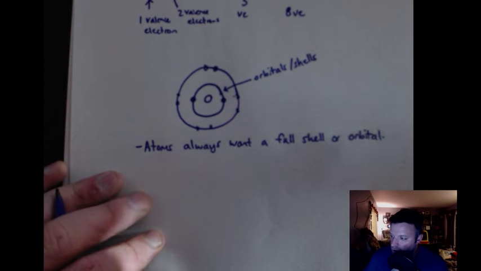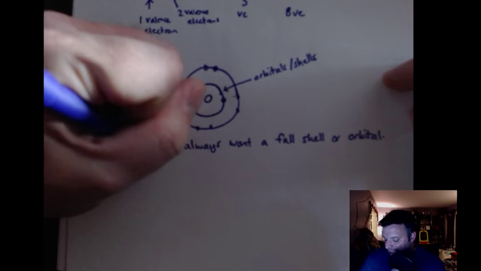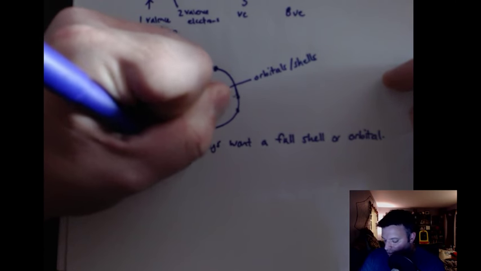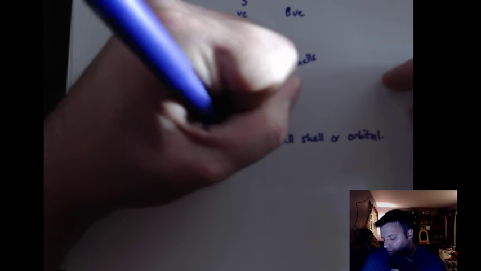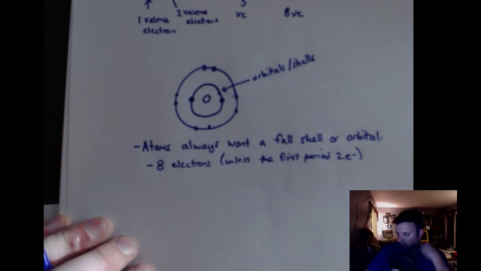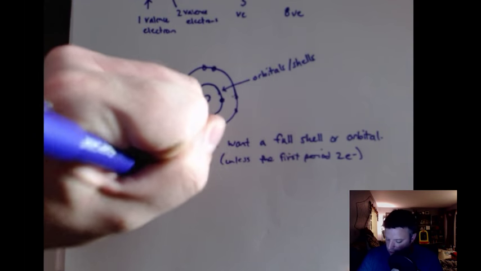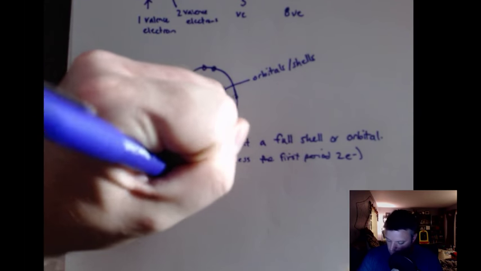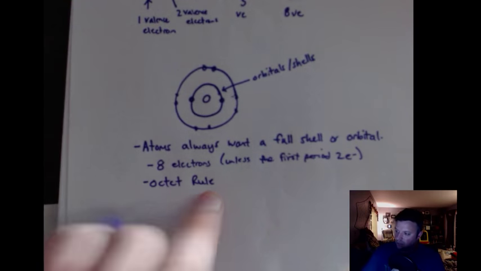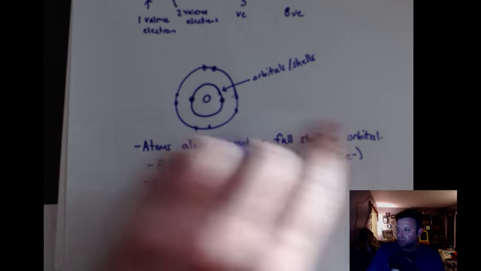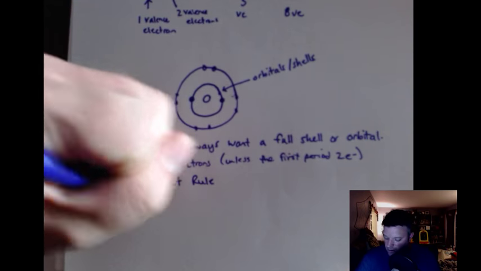And for most orbitals, this means 8 electrons, unless you're in the first period, in which case you want 2 electrons. Okay, 8 electrons, unless you're in the first period, you want 2 electrons. This is known as the octet rule. Octet means 8, the rule means 8. All atoms want a full shell of orbital. That makes them stable.